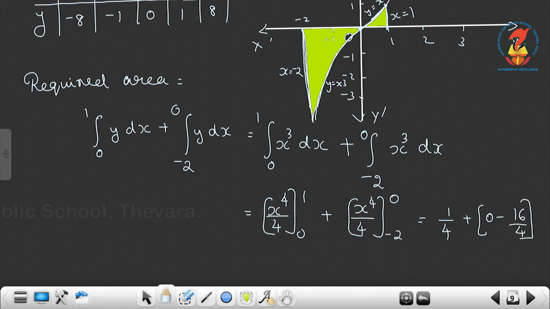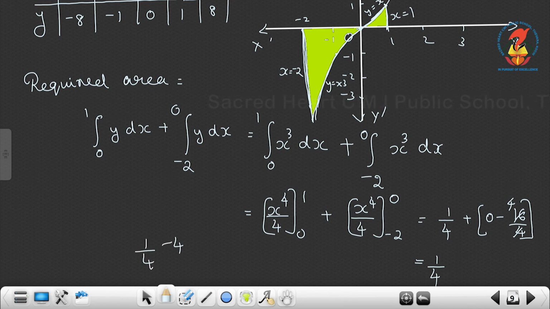But children, the second part is the left hand side. So first, the right hand side area is 1 by 4. But the left hand side area is negative. Area cannot be negative. Here if we cancel 4, then 1 by 4 minus 4, that is not the answer.